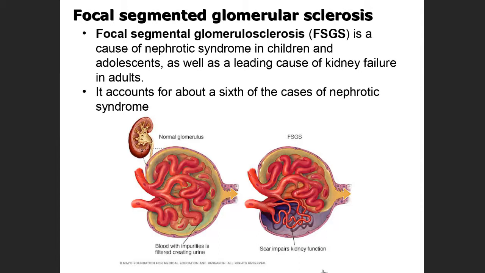You don't see it in children, so it is very common in adult nephrotic syndrome. That makes sense because it's not the number one of nephrotic. It's number one within the adult. But you see that a lot in adults.